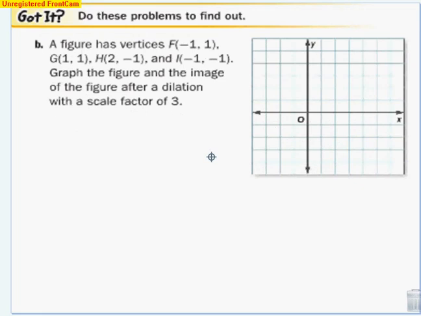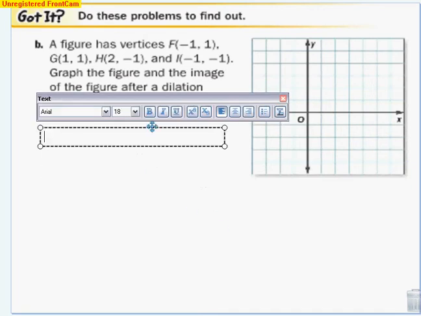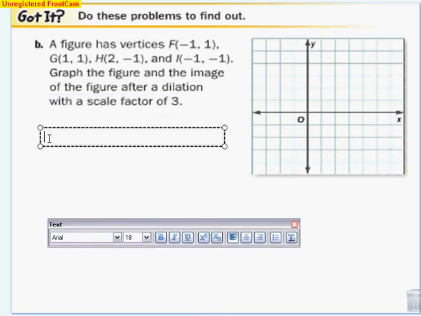Let's try example B together. The figure has the vertices F, G, H, and I. Graph the figure and the image of the figure after a dilation with a scale factor of 3. Let's first start out with our original information. F is (-1, 1). G is (1, 1).